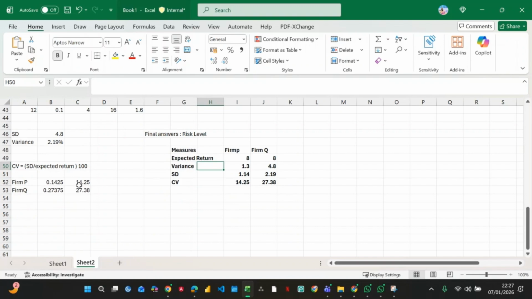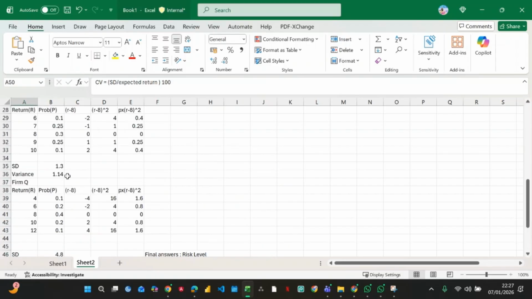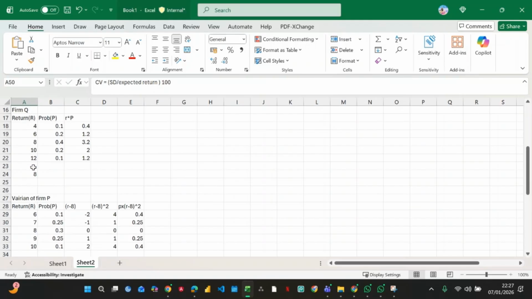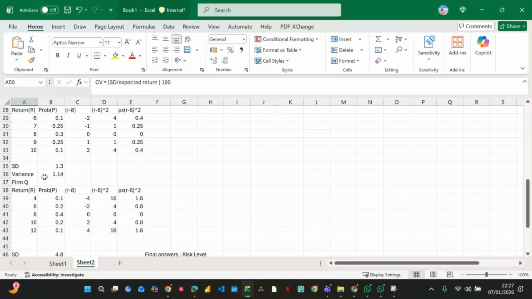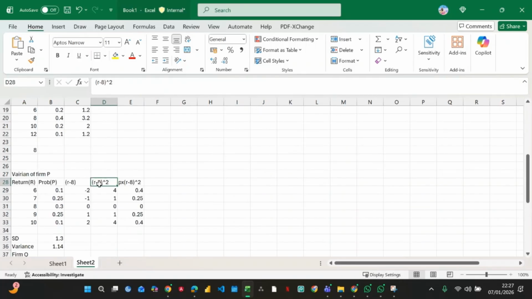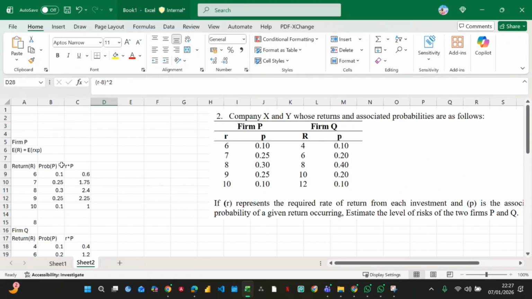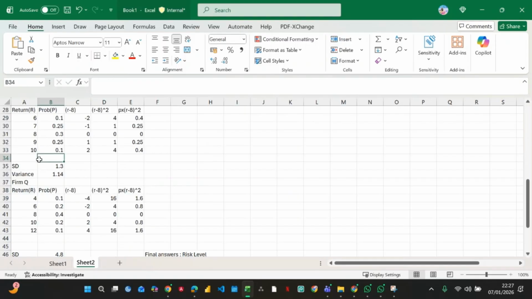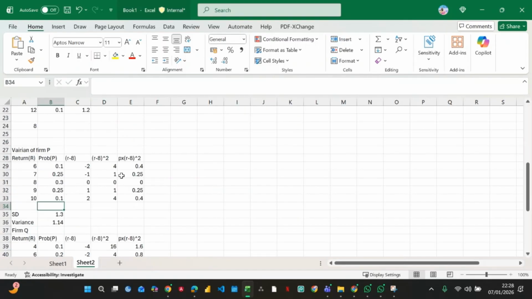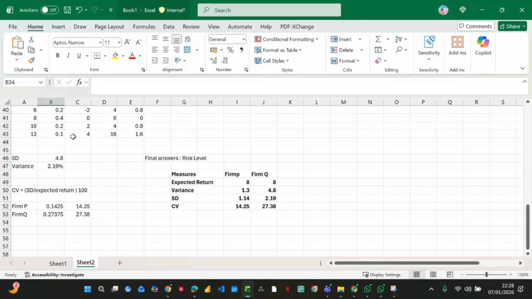So we have used all these methods to determine the risk. That's why I said this CV is optional. You can do it, but it's not really necessary. The reason you have to do the expected return before the standard deviation is that, as you can see from the formula, you have to use it.